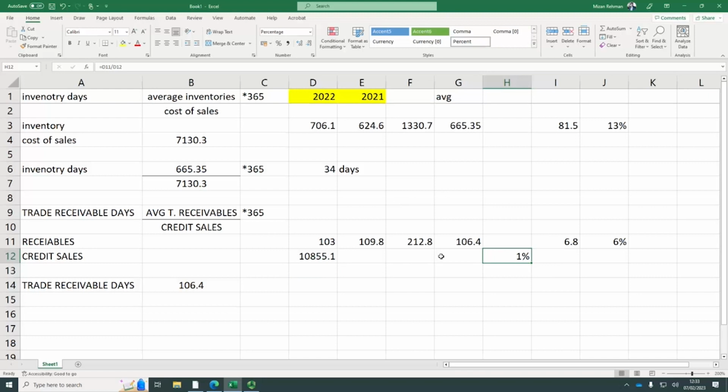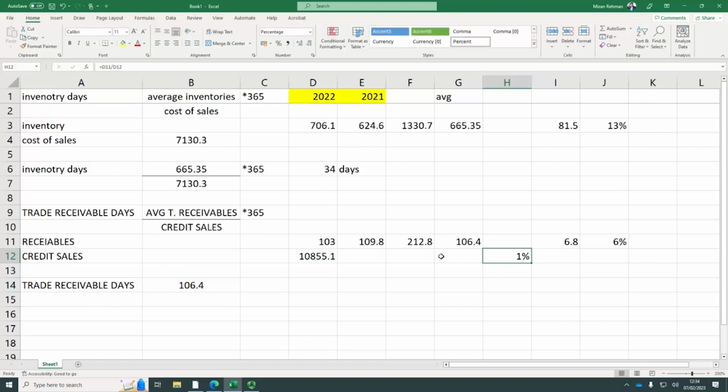So these receivables are 1% of the total revenues. That shows they are not material, not significant. So that's another justification for not even calculating this ratio.